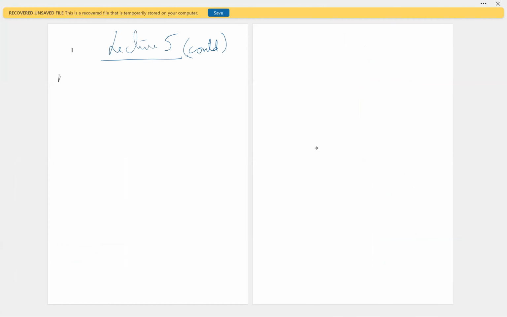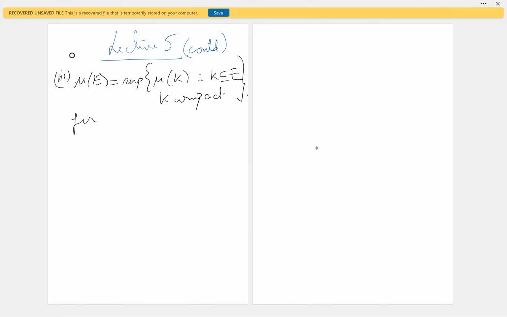So the third condition is, the measure of E is also equal to the supremum of the measures of all compact sets contained in E, for every open E. So that's why 2 and 3 I can right now just call almost regularity.